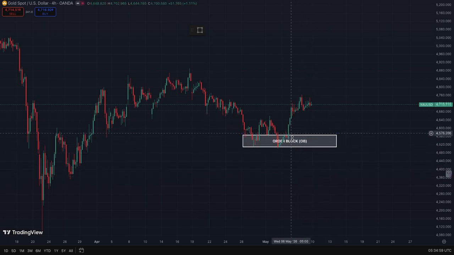So before this boost happens, there was a liquidity sweep here. Price swept below this liquidity, and then smart money entered, and then they drove price here, and then gold started buying. So that is smart money in control.